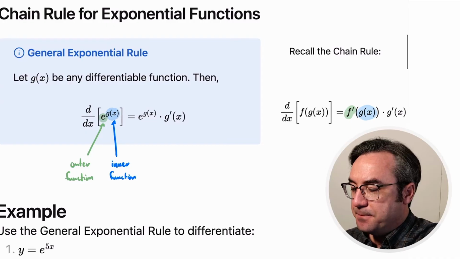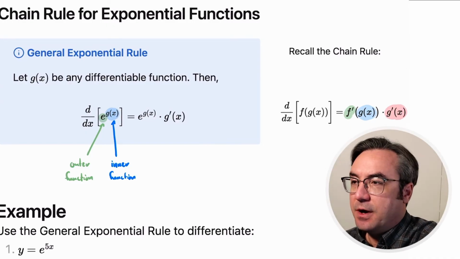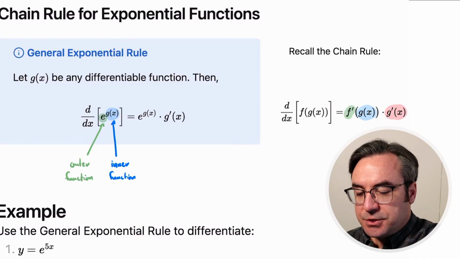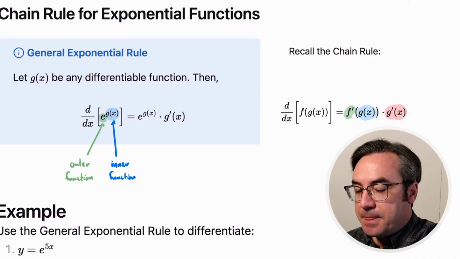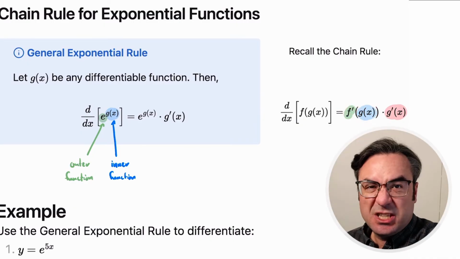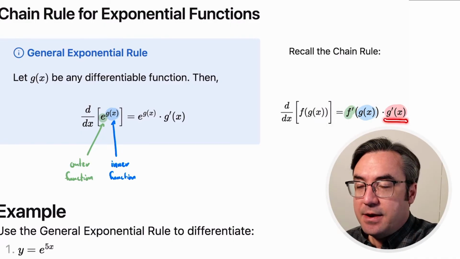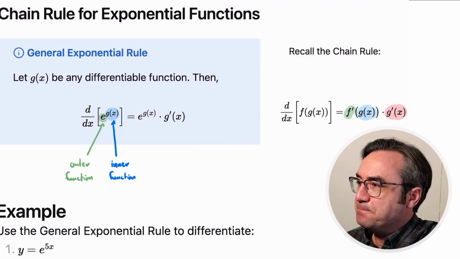And then we multiply by the derivative of that inner function. So this was our chain rule. Differentiate the outer function, keep the inner function, the terms that are being plugged into that, exactly the same, and then you get to the stuff that's inside and you can differentiate.